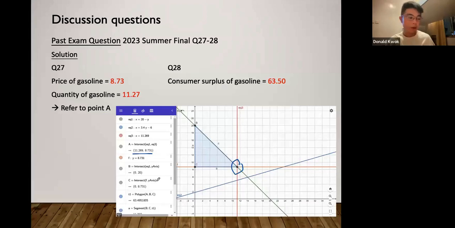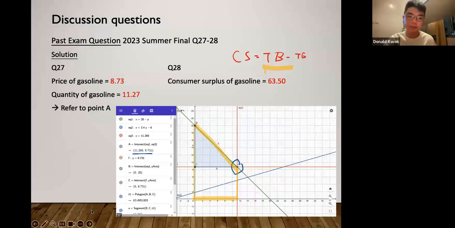Okay, finally, question 28 to find the consumer surplus of gasoline. So let's do a quick checking. Consumer surplus is total benefit minus total expenditure, right? So the total benefit under this case would be the orange trapezium here, area under demand curve until the market equilibrium quantity.